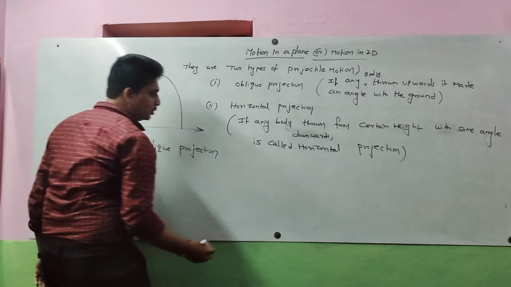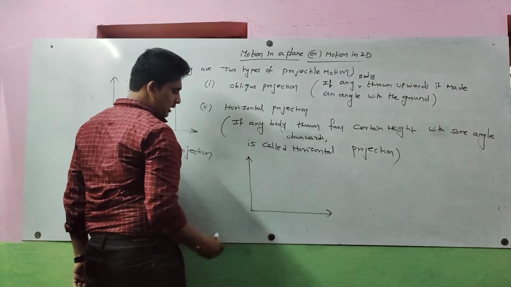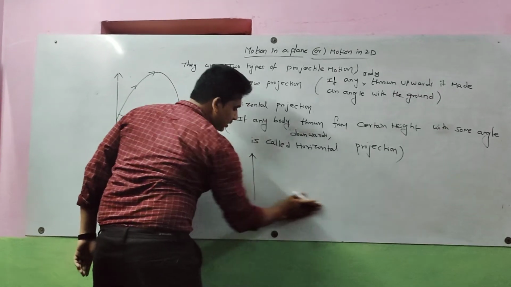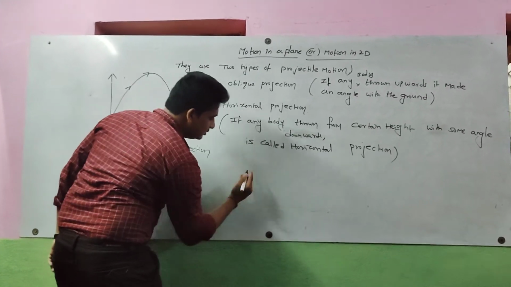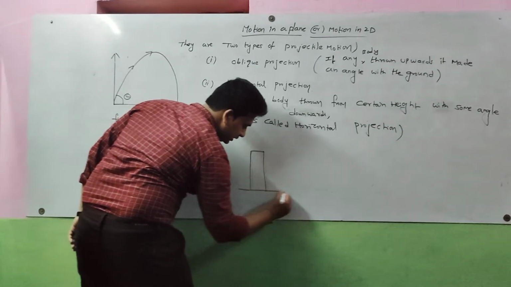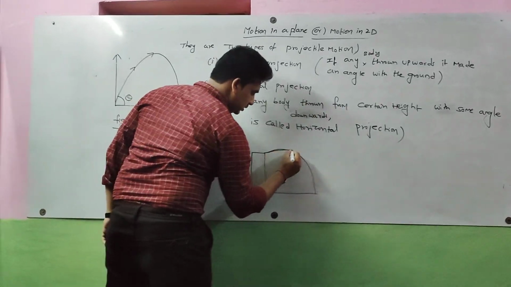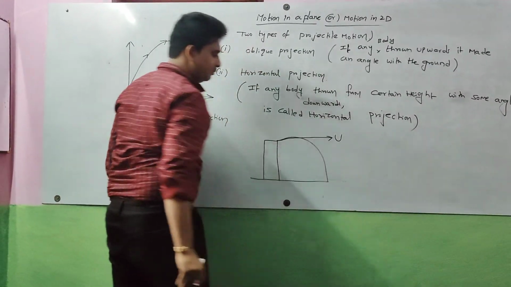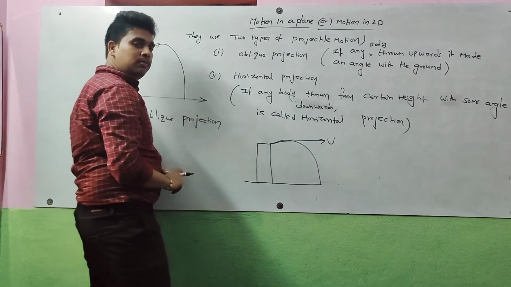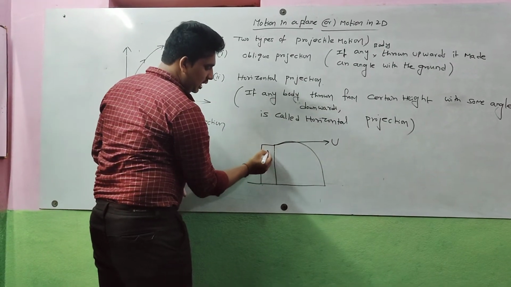Next, the horizontal projection diagram. For example, let us consider a tower of height h. This is the ground. A particle is thrown with some velocity u like this.